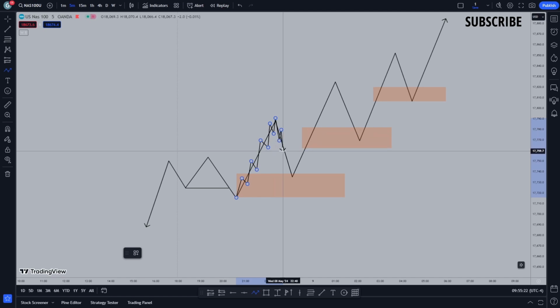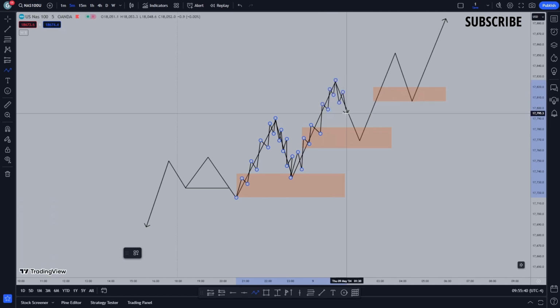Then it will keep on making lower high, lower low, lower high, lower low, and then all of a sudden there will be another market structure shift, then it will make a higher high, higher low, higher high, and keep on going like this.